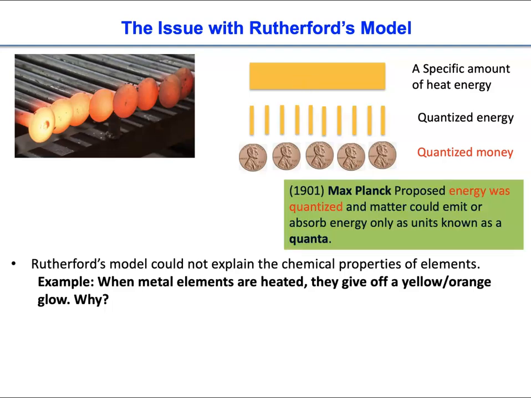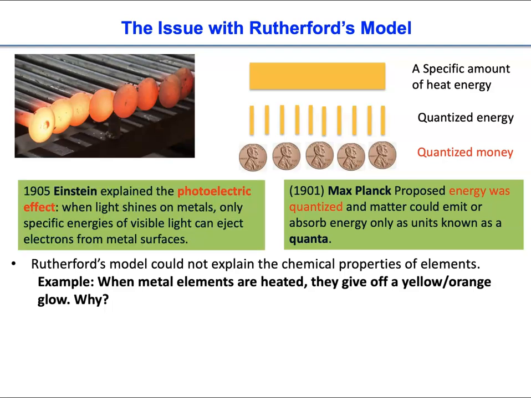At the time, in 1901, Max Planck proposed that all energy was quantized and matter could emit or absorb energy only as units known as quanta, like a small unit of money or small unit of energy.